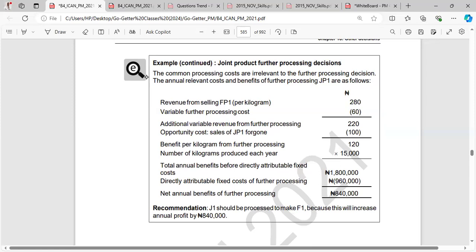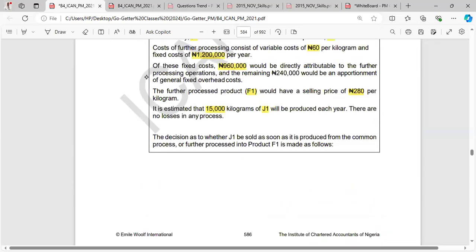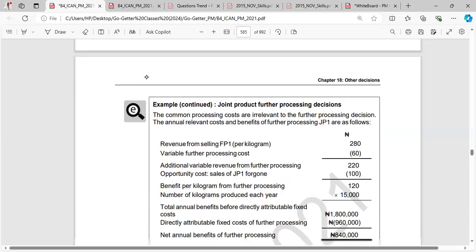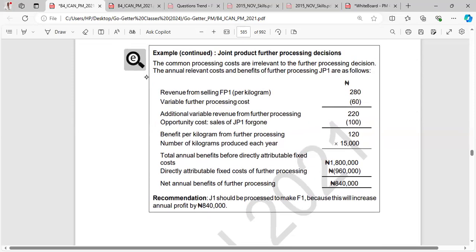120 naira per unit. Then you were told that it is estimated that 15,000 kilogram of J1 will be produced. So for every J1 that you produce, you would have lost 100 naira, and you would have processed them to get F1. So for every F1 you produce further from J1, you'll be gaining 120.